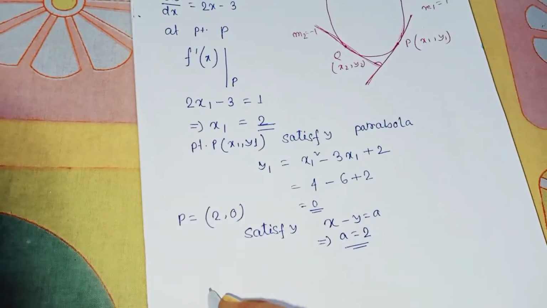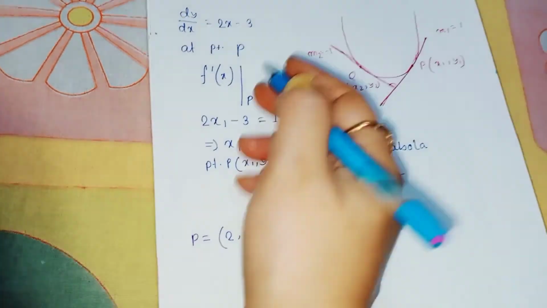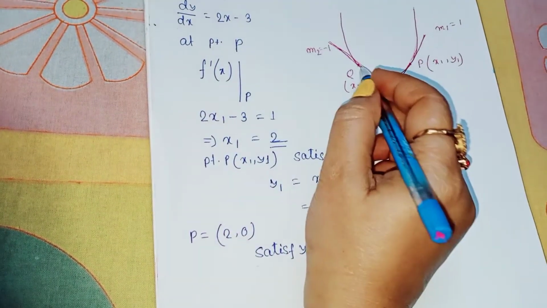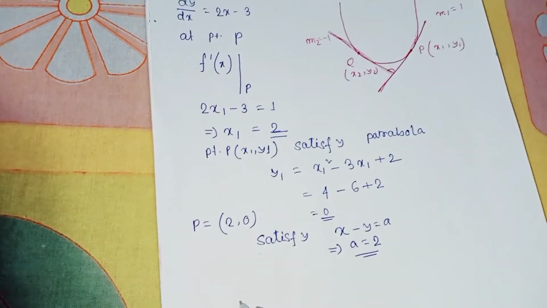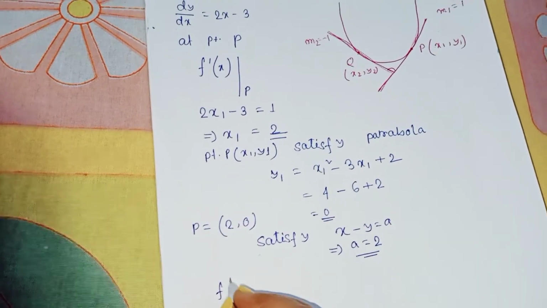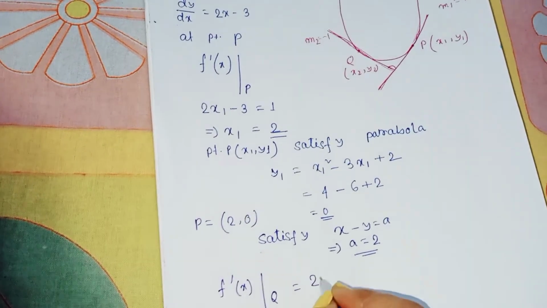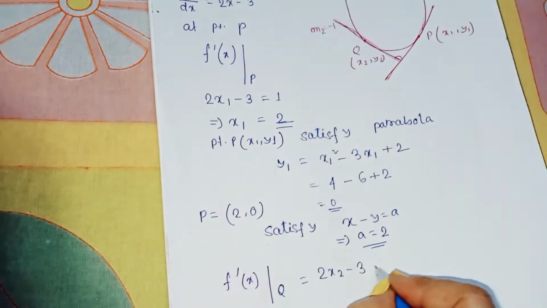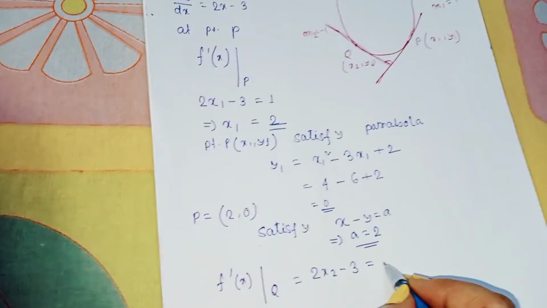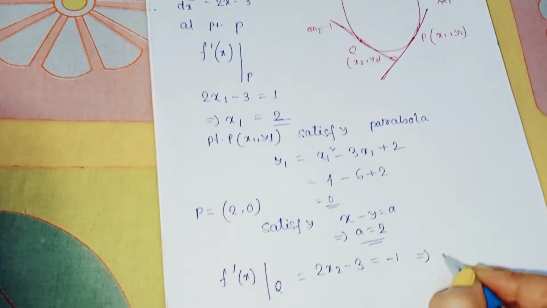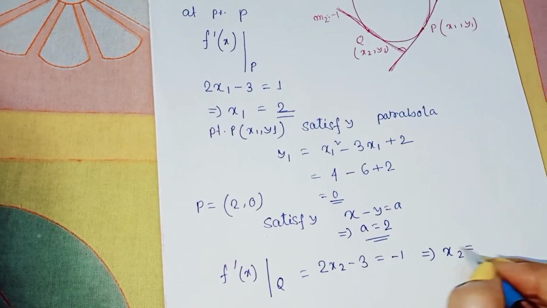Taking the derivative once again, this point satisfies f dash x at the point Q, 2x2 minus 3, which is once again the slope, equal to minus 1. That implies x2 is equal to 1 here.